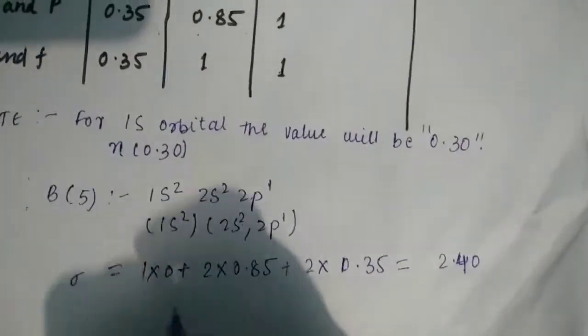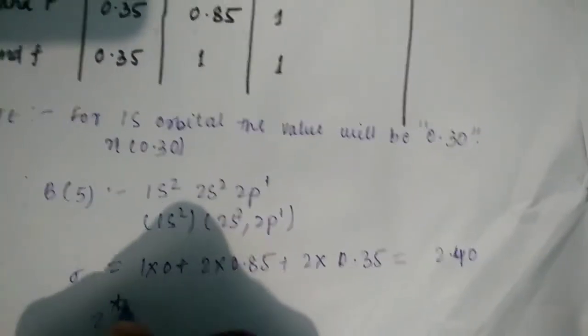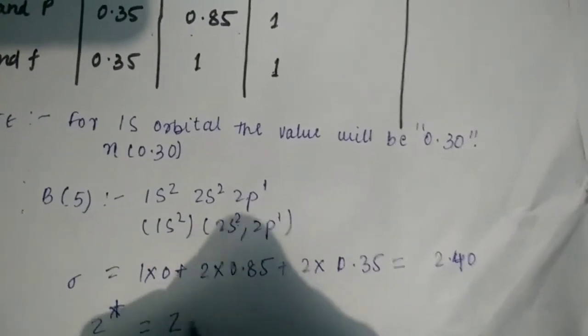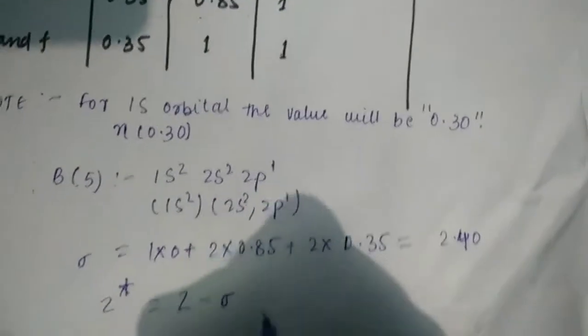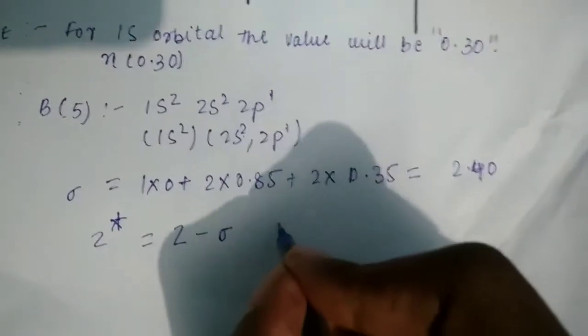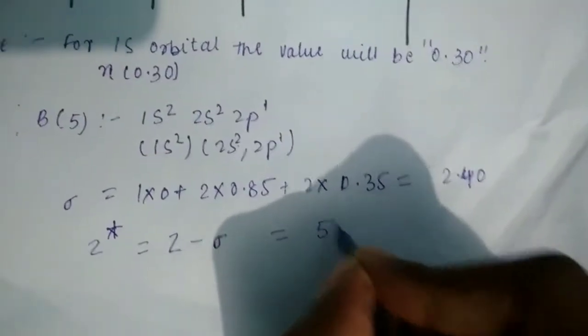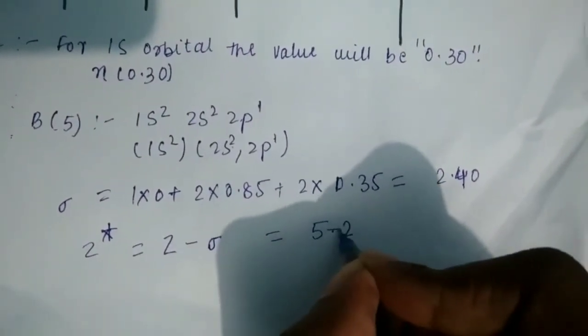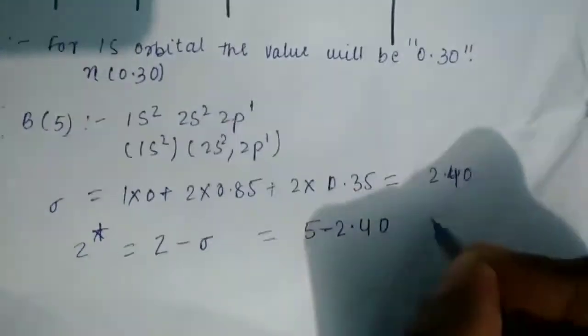And the effective nuclear charge becomes atomic number minus screening constant. So it becomes 5 minus 2.40.